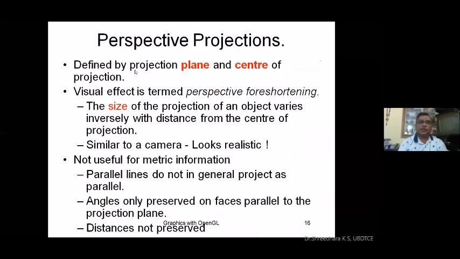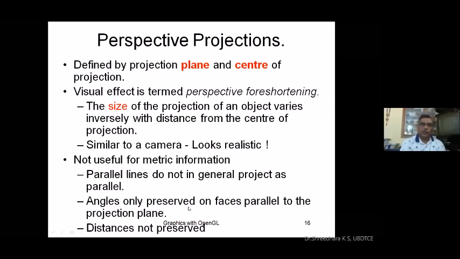Perspective projection is defined by a projection plane and a center of projection, two points. The size of the projection of the object varies because the plane position changes. Similar to a camera, it looks realistic. It is not useful for metric information because it will not give the exact size of the image. Parallel lines do not generally project as parallel because they coincide at some point.